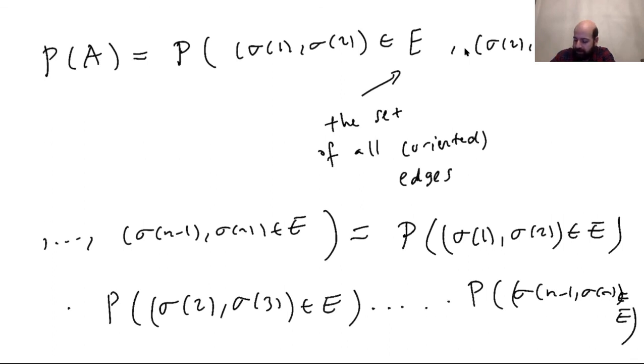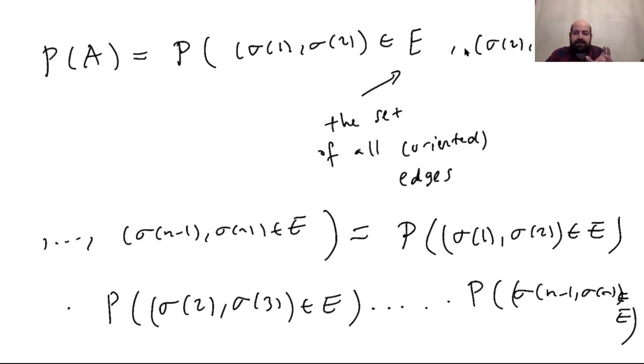Now, what is the probability that sigma 1, sigma 2 is in E? Well, sigma 1 and sigma 2 are just two numbers between 1 and n. Let's say, for example, they are 5 and 8. What is the probability that I have an edge from 5 to 8? We are talking about a complete graph, so there is an edge between any two vertices. Between vertex 5 and 8, I definitely must have an edge, but either from 5 to 8 or from 8 to 5.